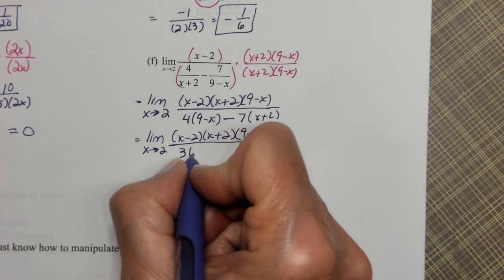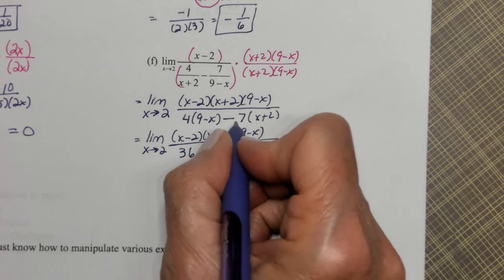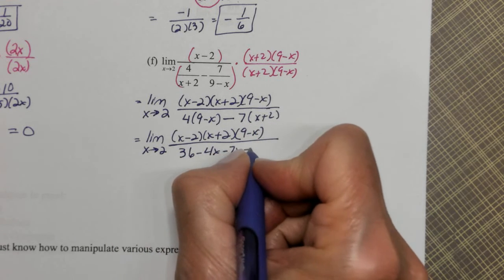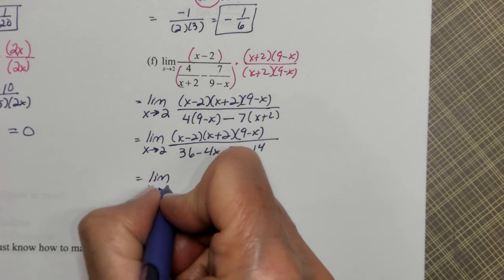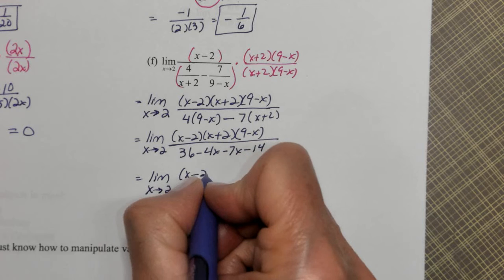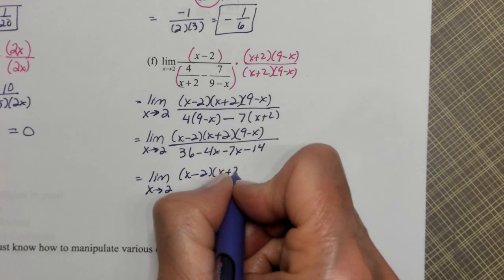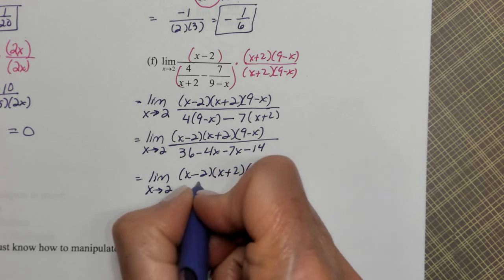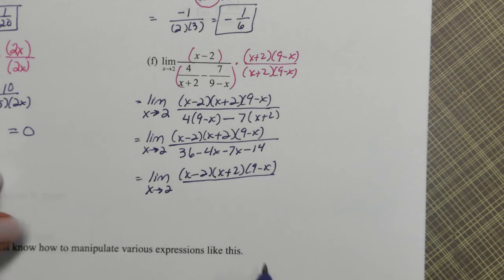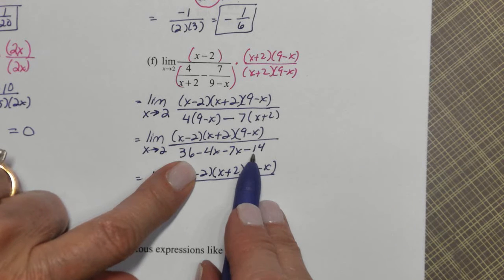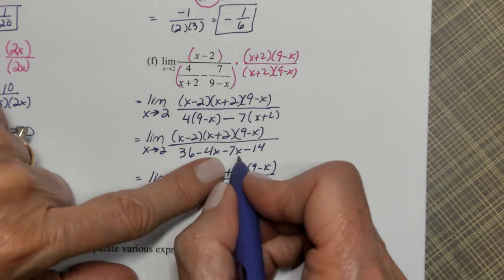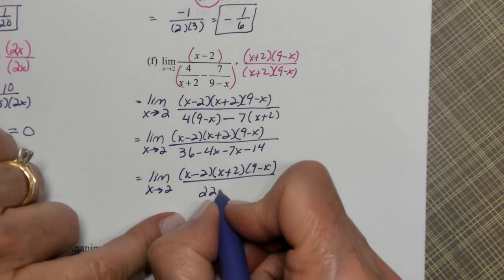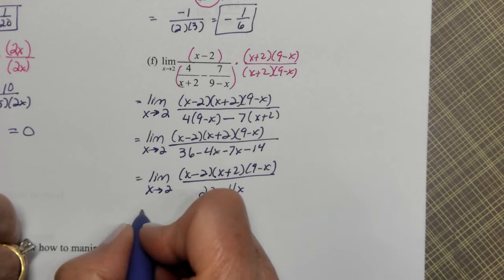We have a 36 minus 4x minus 7x minus 14. Got some bigger numbers this time, but nothing we can't handle. Okay. 36 minus 14 is 22. Negative 4x minus 7x is negative 11x.